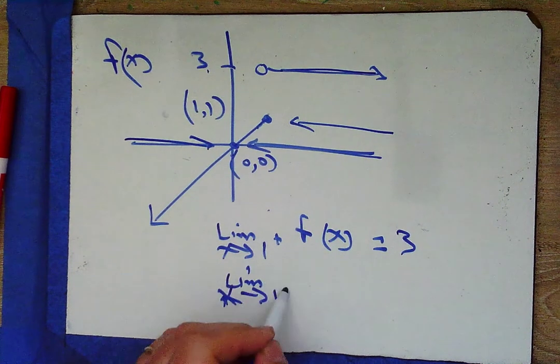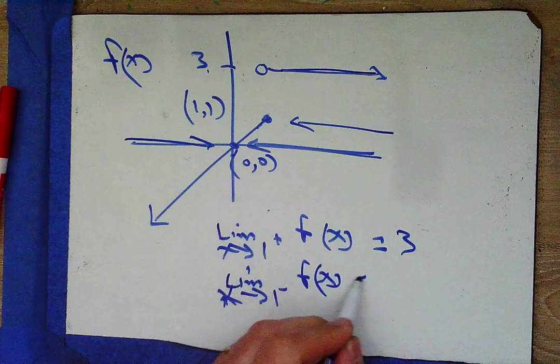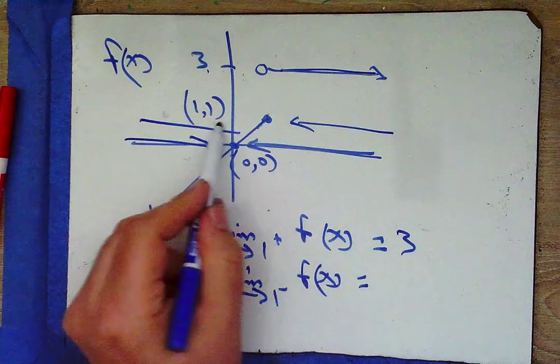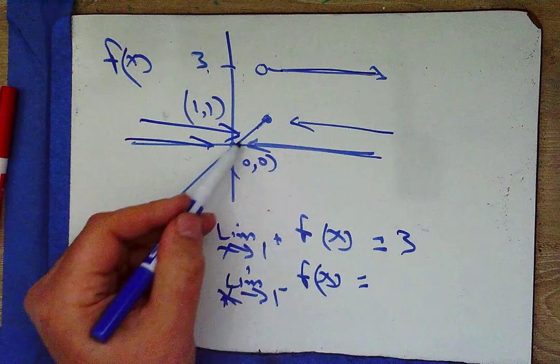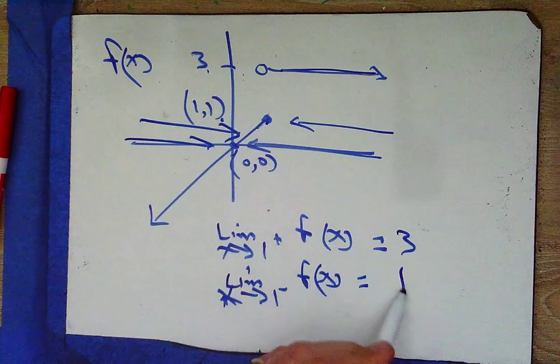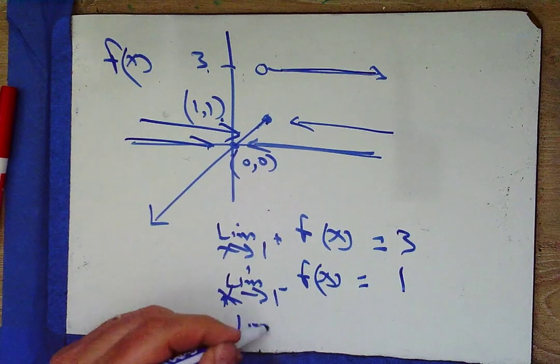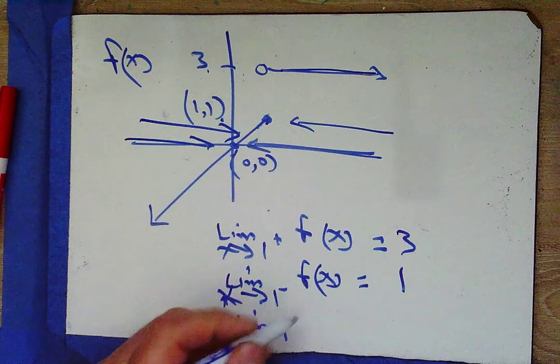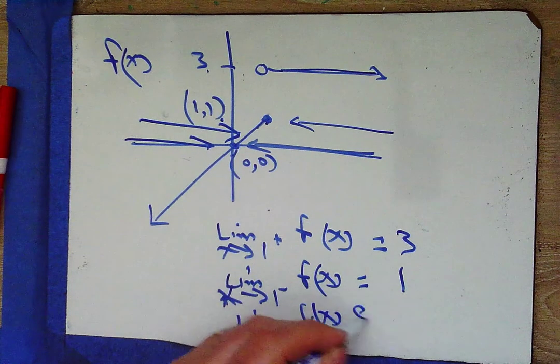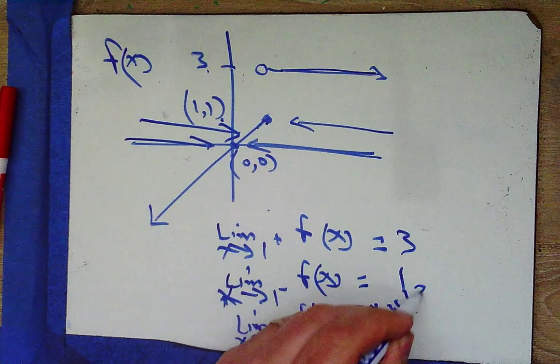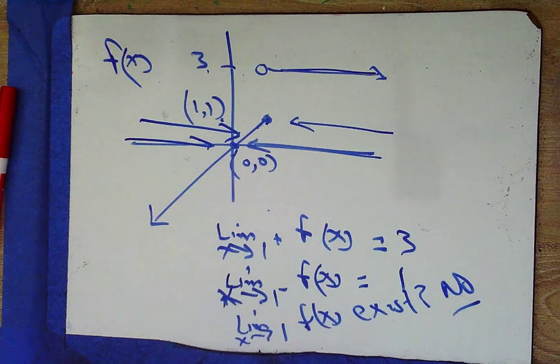X approaches 1 from the negative side. Well, as x approaches 1 from this way, my y values seem to be approaching 1. So then, does this limit as x approaches 1 of f of x exist? No. And why not?